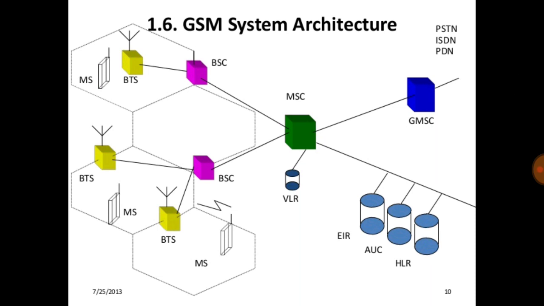If I go to Kerala and make a call to my friend, the same thing happens: the mobile switching center searches the Kerala home location register. My database is not available in that home location register, so it considers me a visitor and stores my data in the visitor location register.